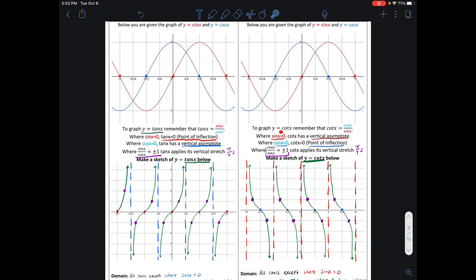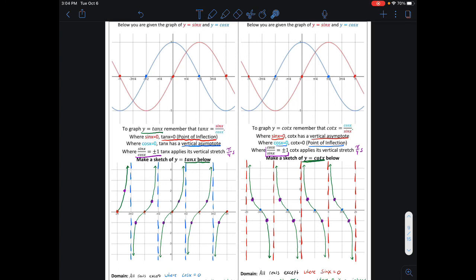The cotangent is going to be undefined everywhere sine equals 0 because that's going to make the denominator 0. That's where it's going to have a vertical asymptote. So sine is equal to 0 on all of the whole number pi's: negative pi, 0, pi, 2 pi, and so forth. So I put vertical asymptotes there. Everywhere that sine equals 0, cotangent has a vertical asymptote.